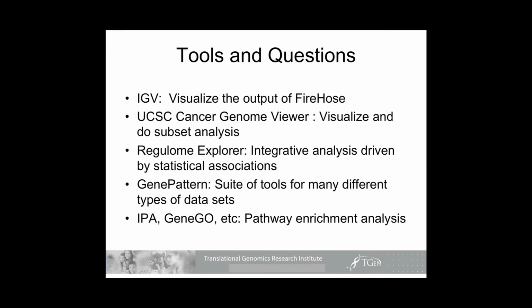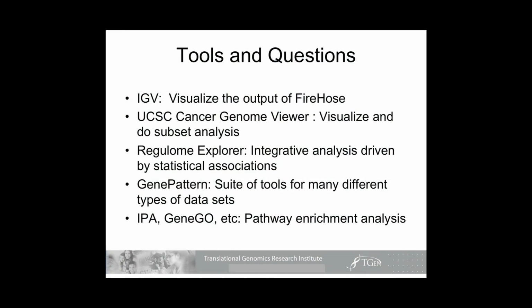The UCSC Cancer Genome Viewer is a great way to visualize and do subset analysis. You can visualize data sets, and then it has a very facile way to start to look at data based on a subset analysis. You'll get a basic clinical subset, but you can always add additional clinical features.